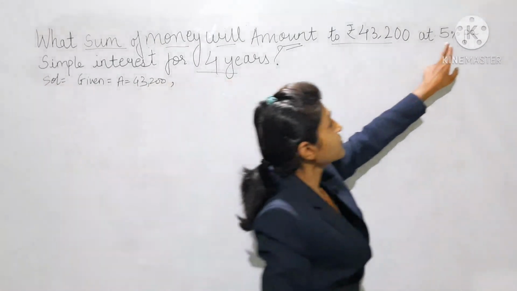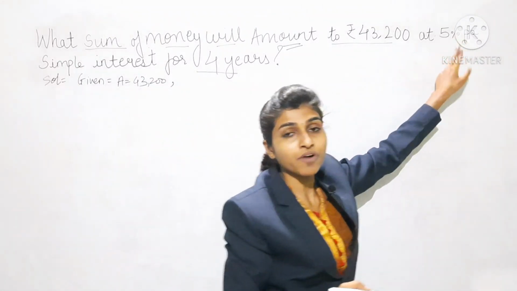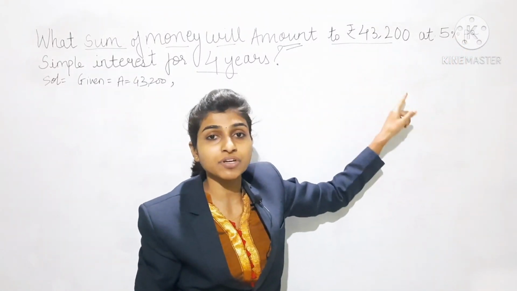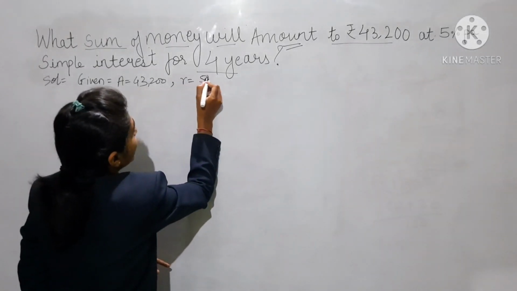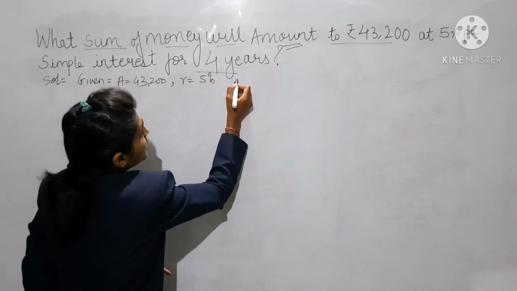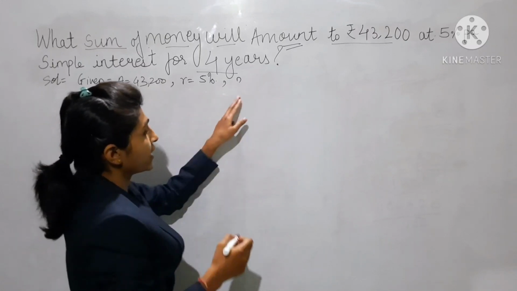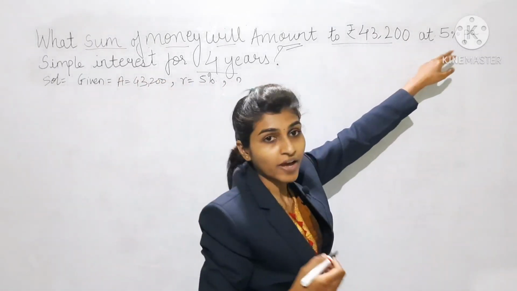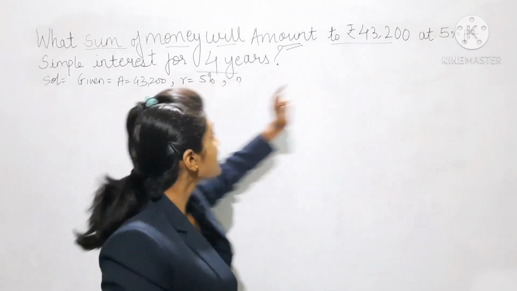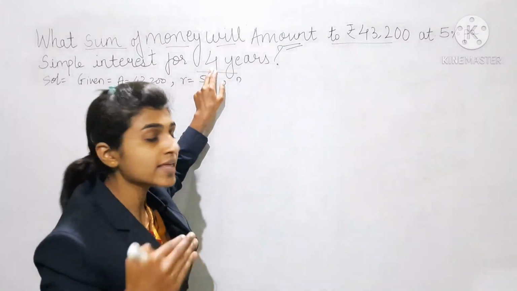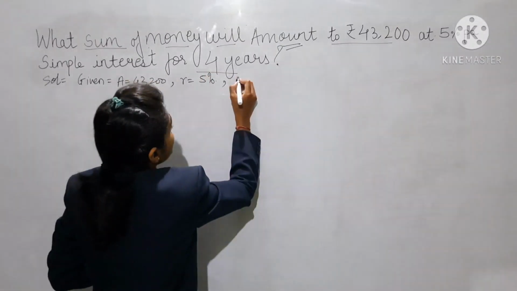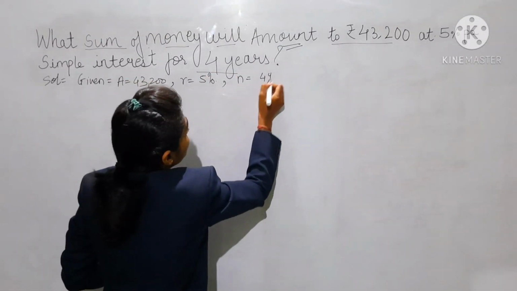Next they have given 5% per annum, which is the rate of interest, so R is equal to 5%. Next they have given N, the number of years, which is 4 years. So N is equal to 4 years.